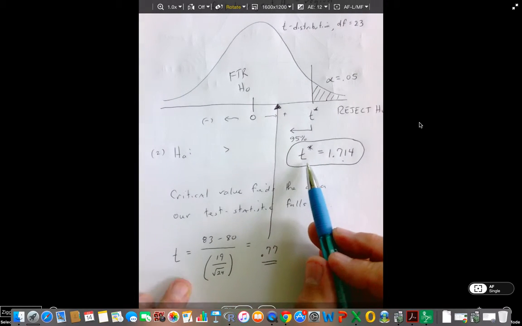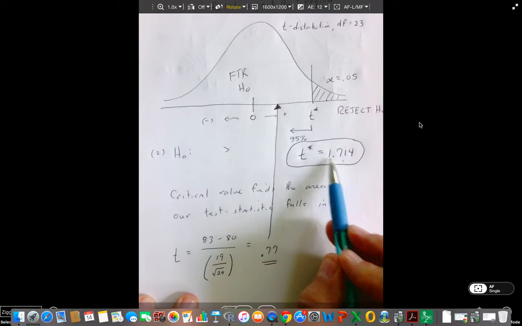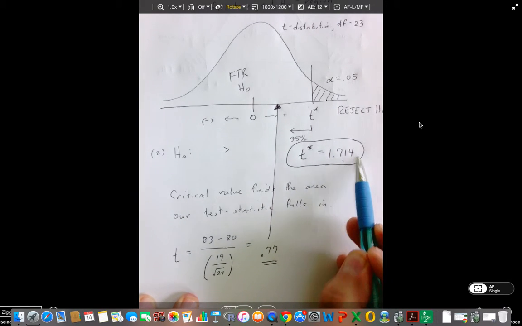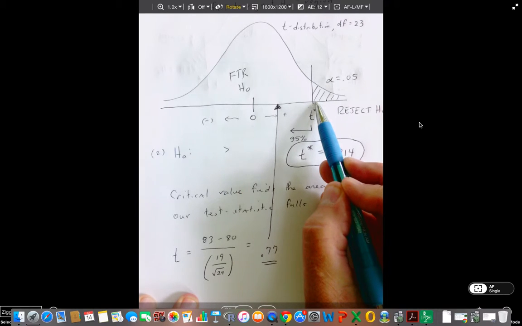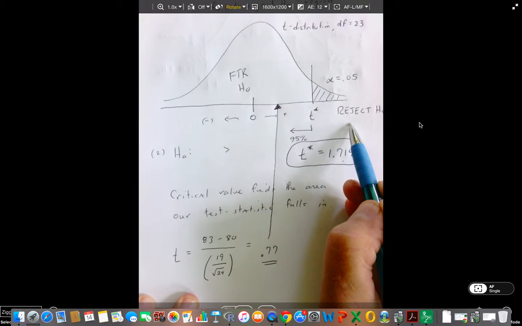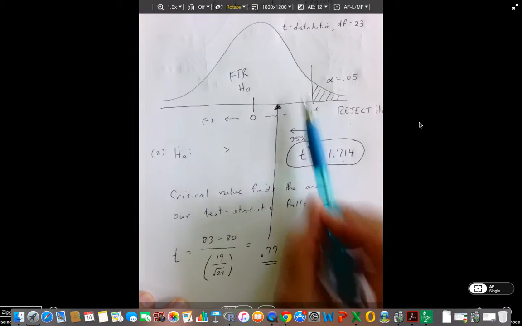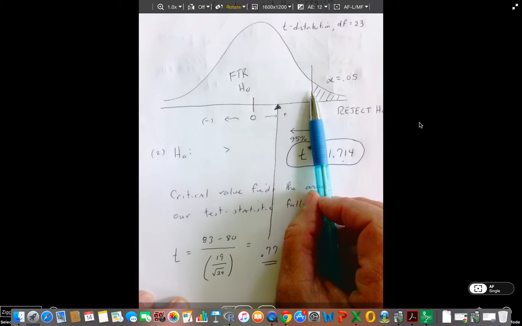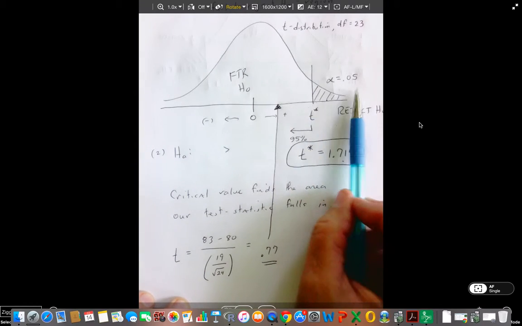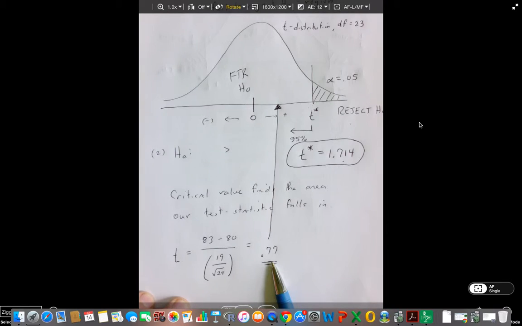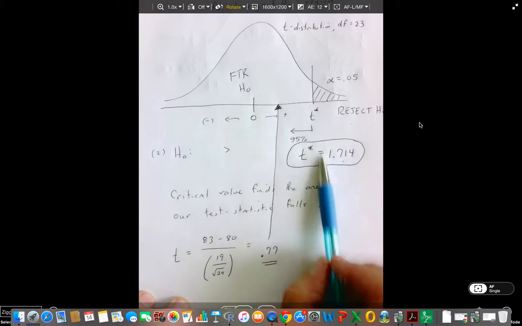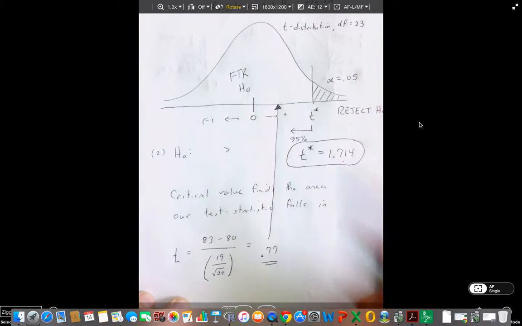So it would take a test statistic above 1.714 to get us to fall in this area up here, which is the reject region. So you make your decision on reject or fail to reject based on where this line in the sand separates the fail to reject and the reject region. And our 0.77 fell to the left of the 1.714. Therefore, our decision would be fail to reject.